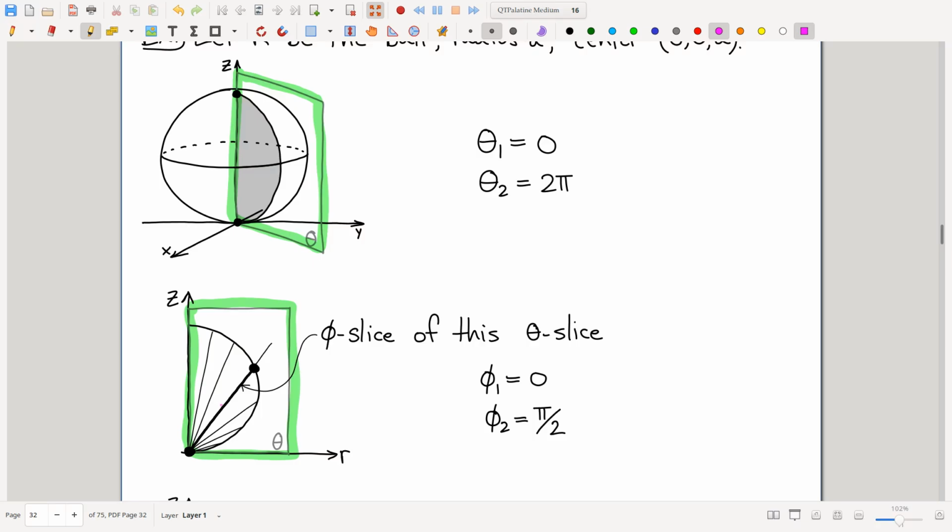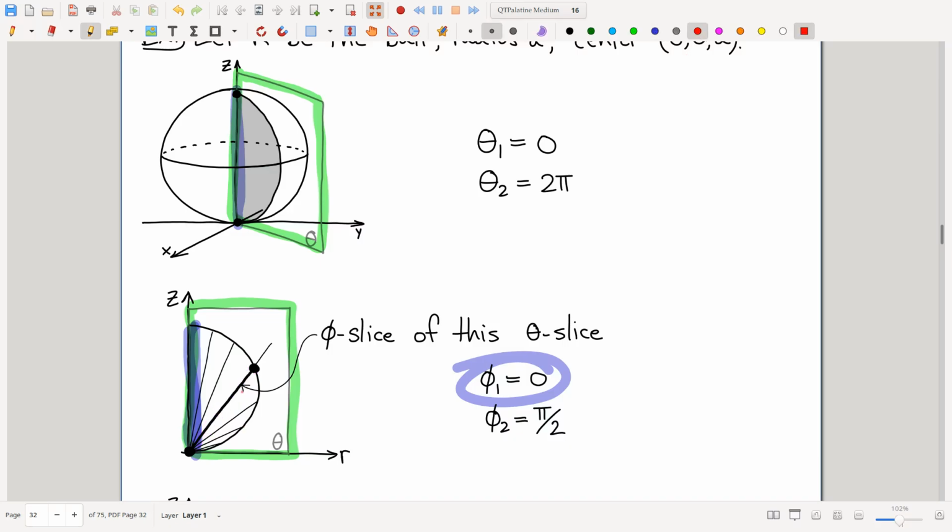Okay, so here is what a phi slice looks like, and we think about start and end. We start there, which of course is actually there, which is where phi is equal to 0. And then we end, this is a little bit strange.